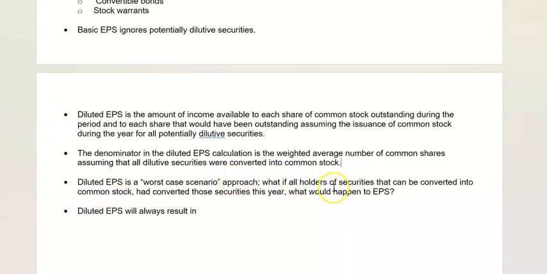What if every holder of a security that can be converted into common stock had converted those securities during the year? What would be that worst case scenario impact to earnings per share? That's the answer to the question with diluted earnings per share. And finally, diluted earnings per share will always result in a lower earnings per share number than basic earnings per share.